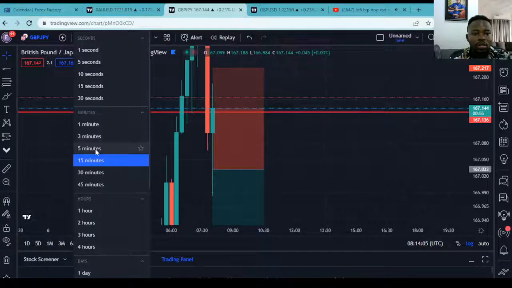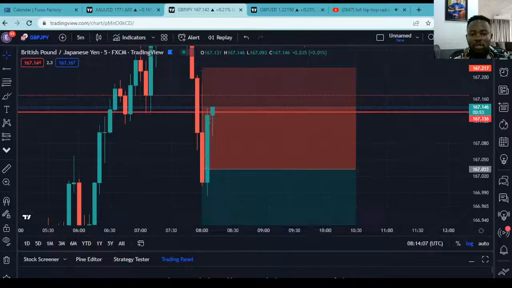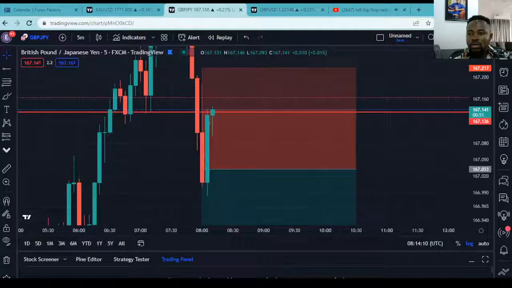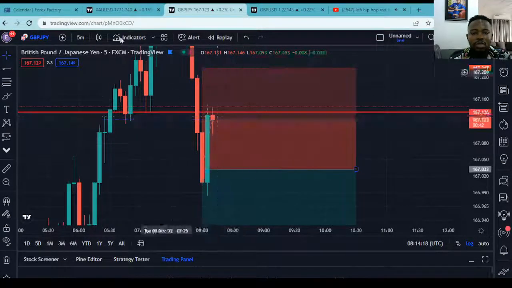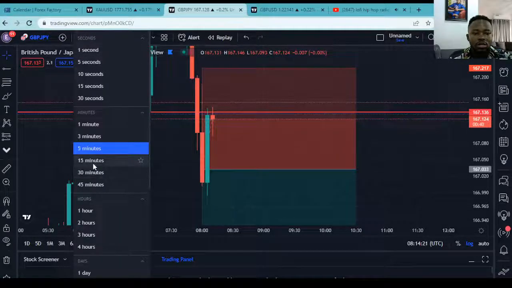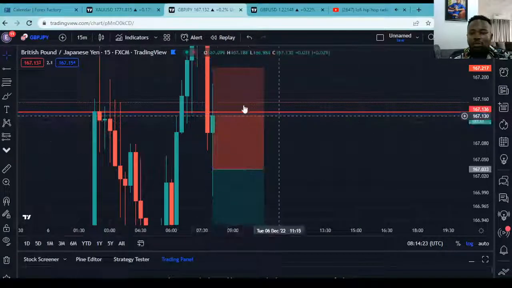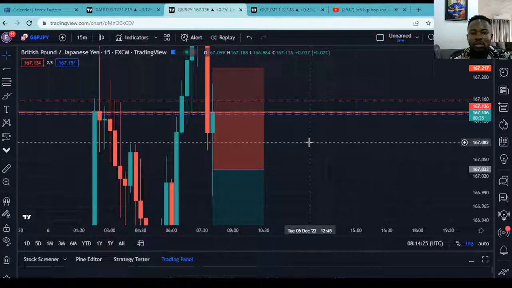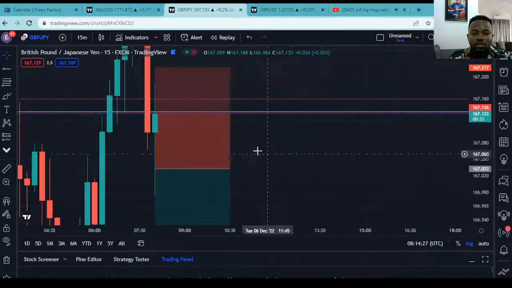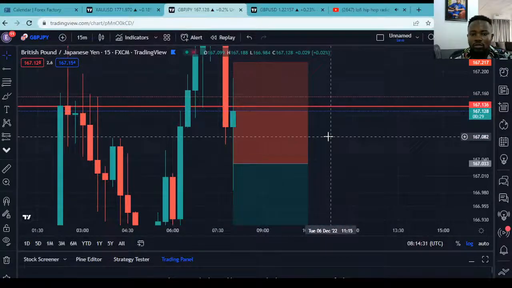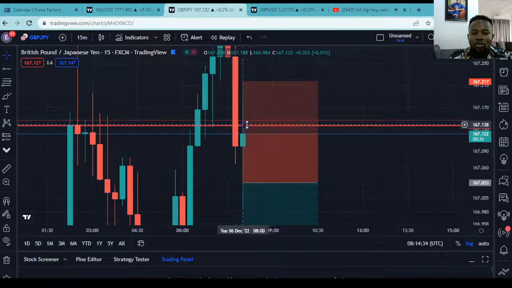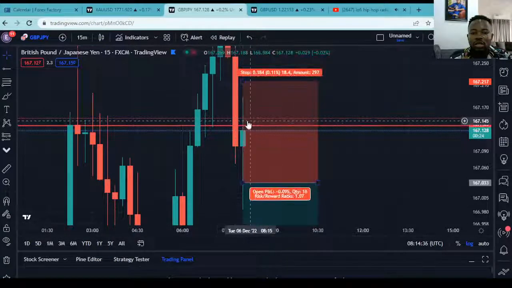Okay, I think we are breaking the highs right there. So right here I'll close 50% of my trade. I close 50% right there, and if this 15 minutes candle closes above here, I'll close my entire position. If we close back above here on 15 minutes, I will close everything.